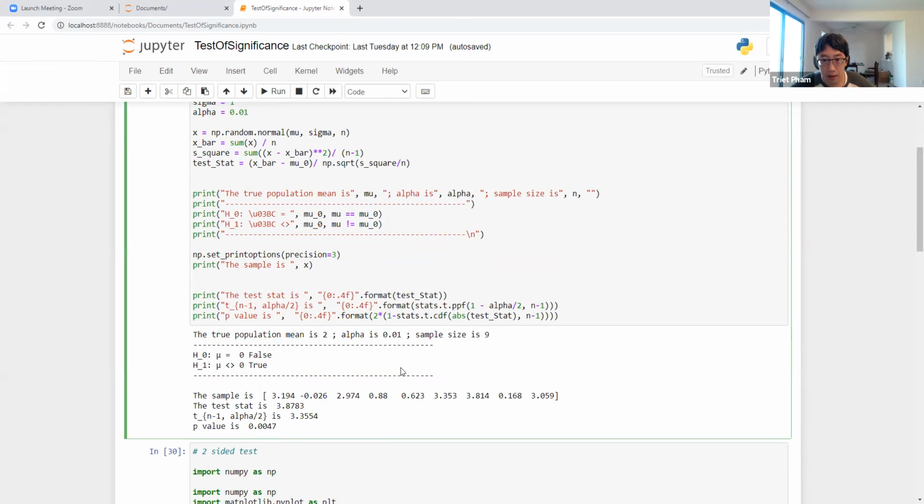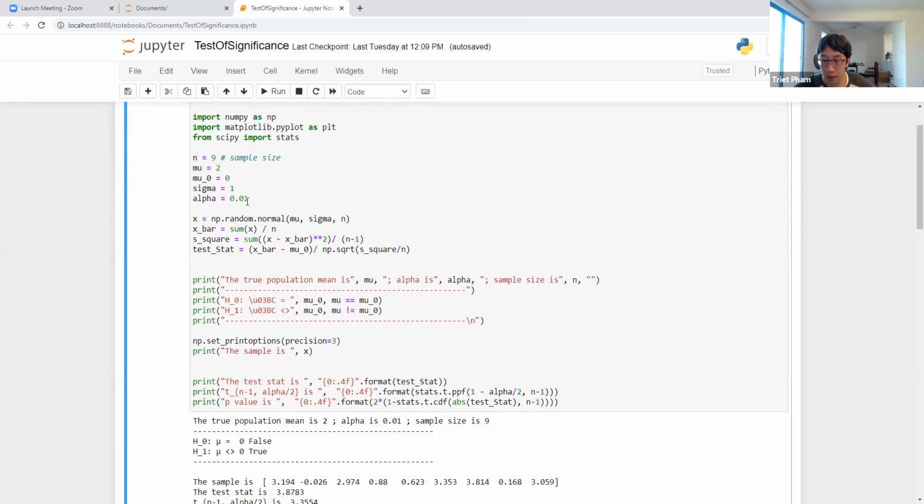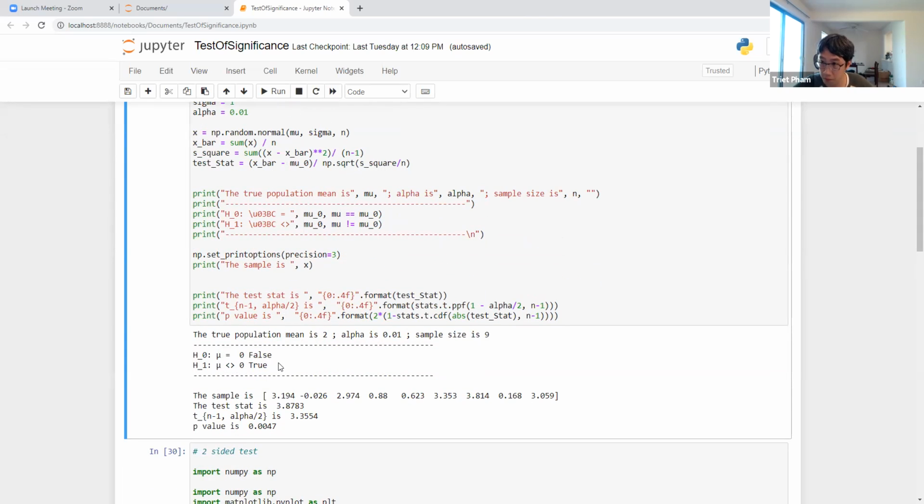And you see that the true mean here, I guess I didn't show you, but the true mean is 2, which makes the null hypothesis true. And so I run the sample, I get the test stat, I get the percentile, and I compute the p-value.